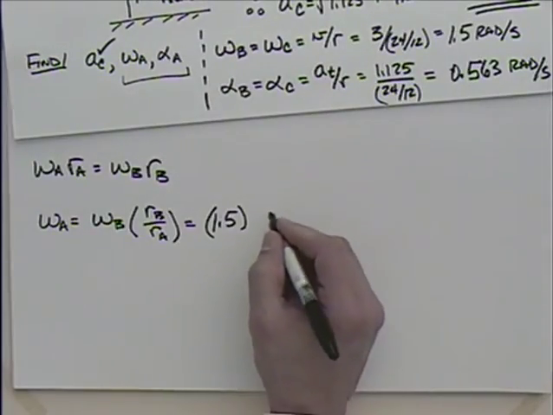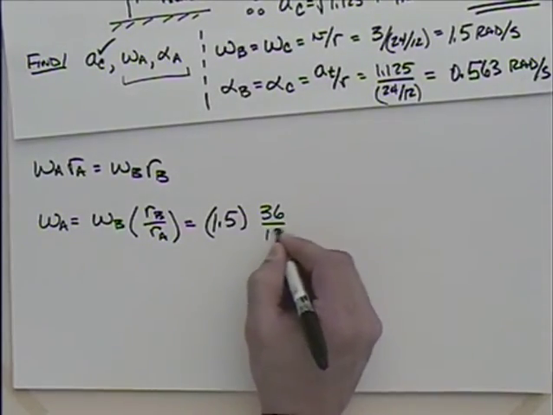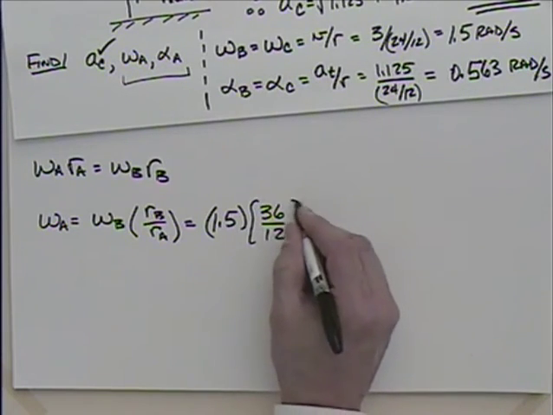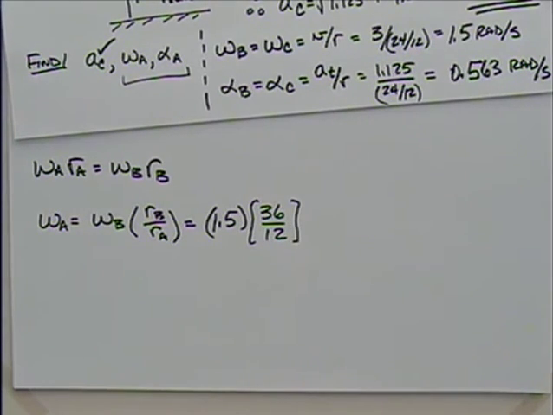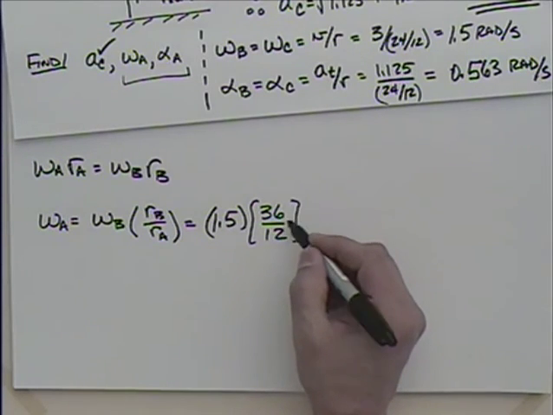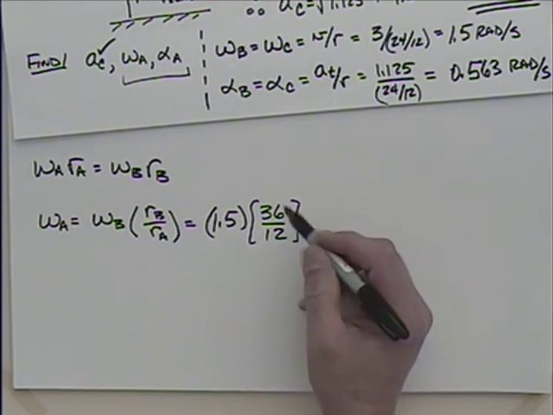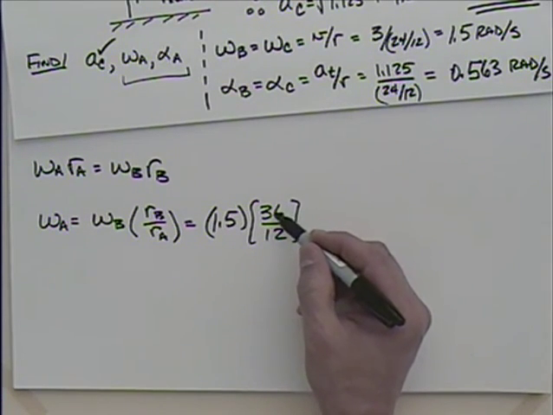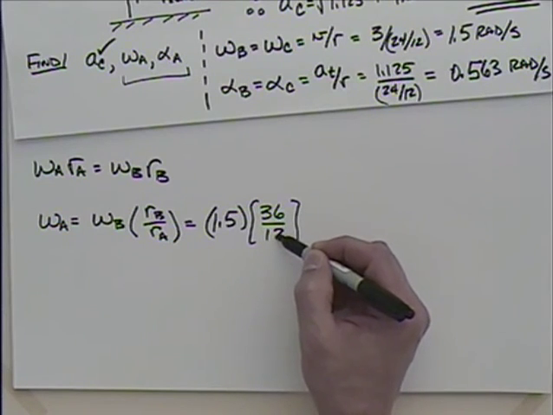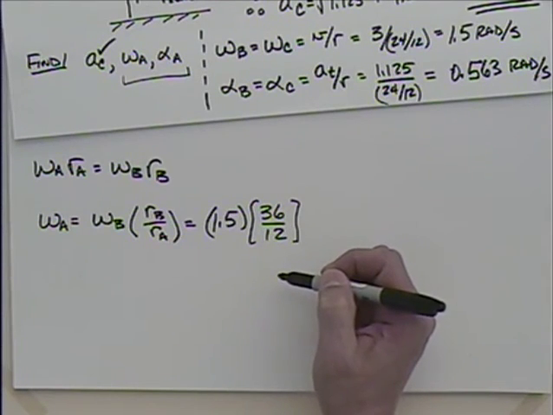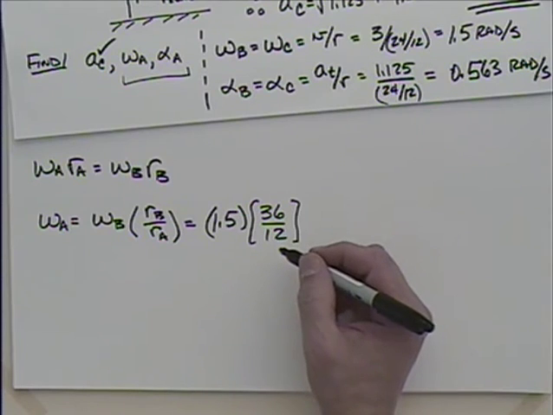Now, if I just do this, if I say 36 over 12, what do you think of that? Is that bad? It's actually going to work, isn't it? It's the same ratio, okay? Because whatever units I have here, I have the same units in the top. So whether I divide by 1.5 and a half, or whether I divide by 36 over 12, should be the same, shouldn't it? Okay.